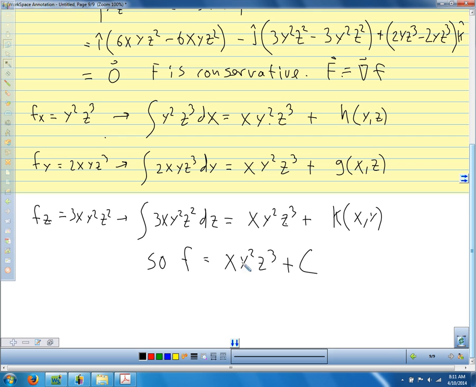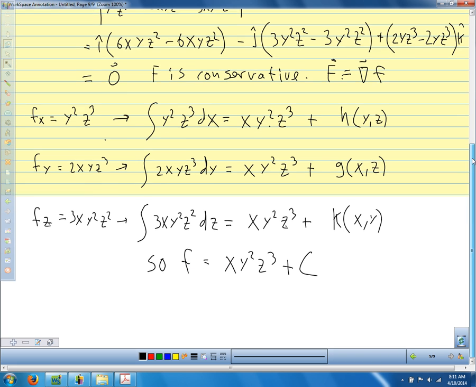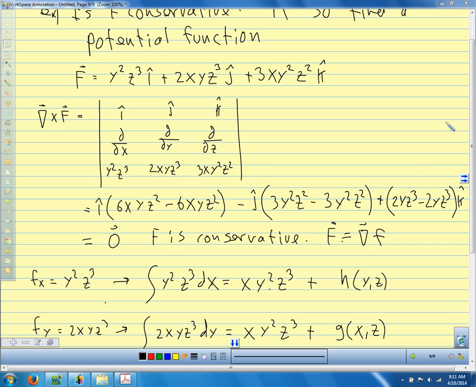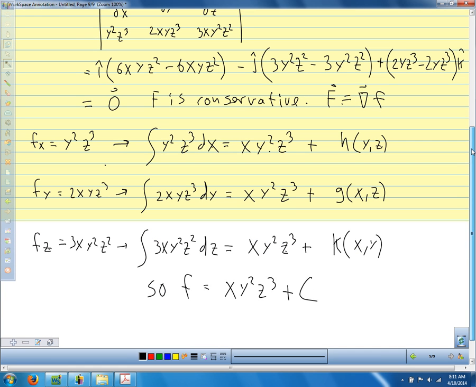And my partial derivatives of this potential function give me my vector field. And those of you that did that bonus question on the chapter 13 test, you remember that was one function where our constants of integration turned out to be functions of one of the other variables.